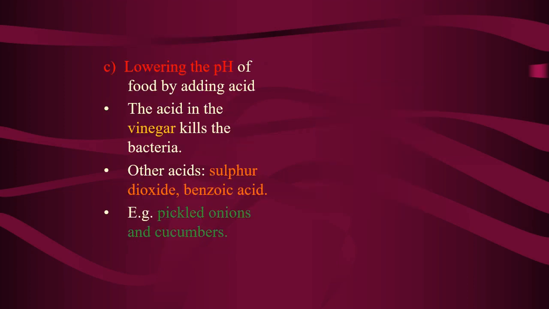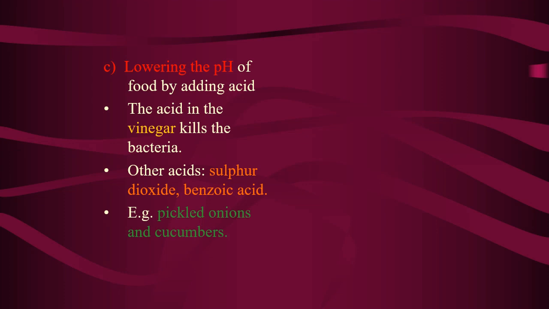The other method to preserve food is by lowering the pH of the food by adding acid. For example, we can add vinegar, because the acid in the vinegar can kill bacteria.